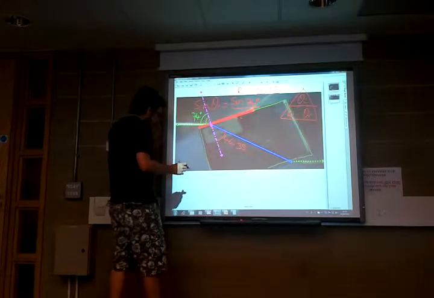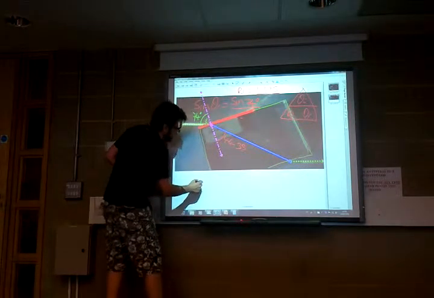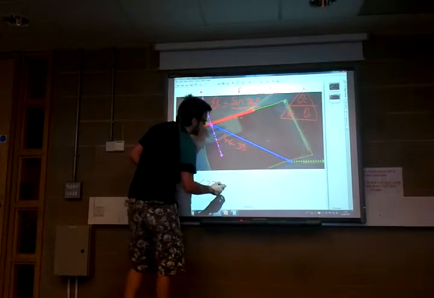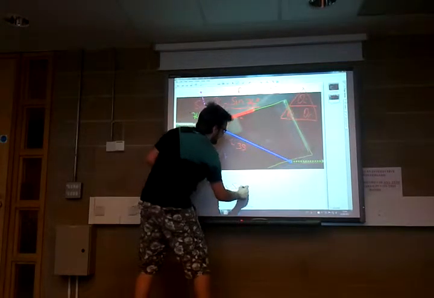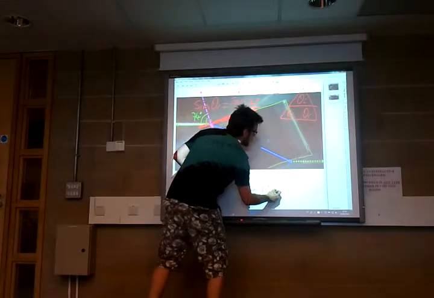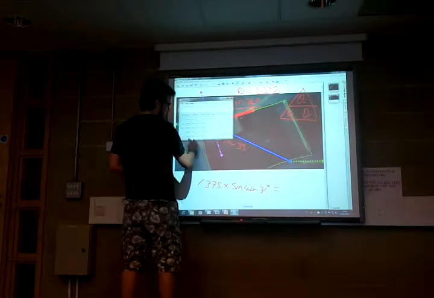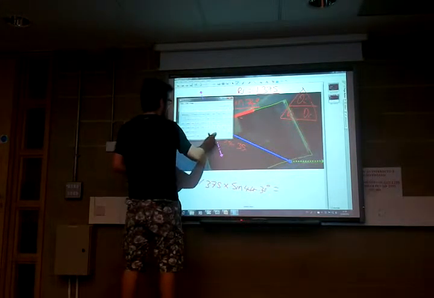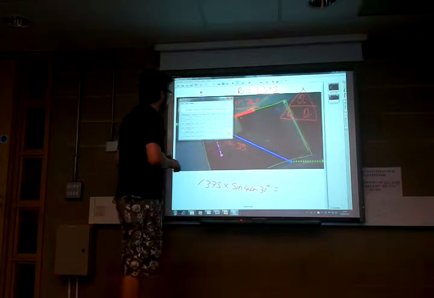So what we need to do is take the refractive index, which is 1.375, and multiply that by the sine of our 44.35 degrees. So we take our 44.35 sine multiplied by 1.375, which gives you 0.96.